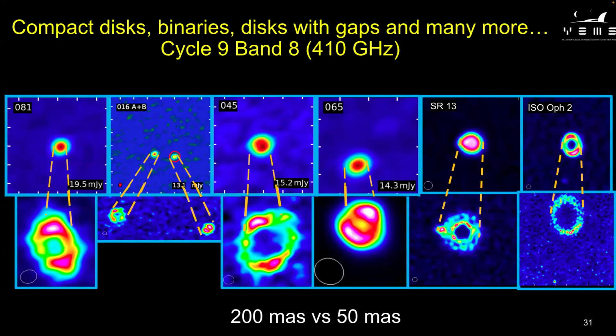So we hope that with TMT, Nancy Grace Roman, and ELT, we can better resolve. James Webb was not designed for better resolution, so we should not expect that. One thing James Webb is doing very nicely is studying planet atmospheres, but it will not find us Earth type planets. Let's be clear on that.